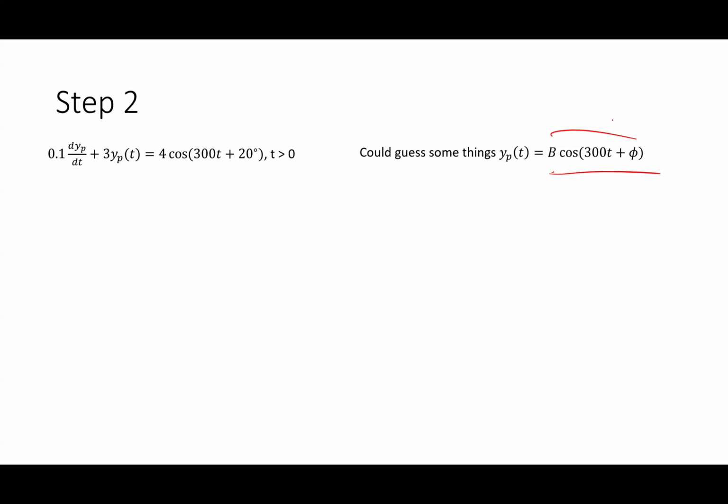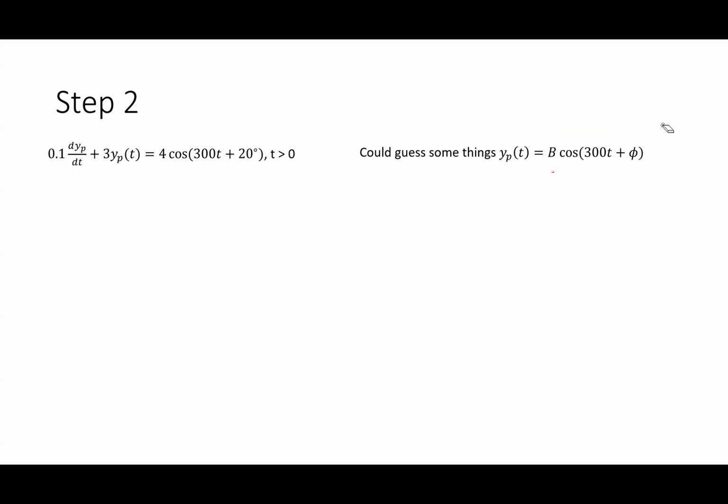The fact that I can represent these cosines as complex numbers basically allows me to use something called impedance, which you'll learn in 2112, which is basically just an algebra approach rather than a calculus approach to solving things.